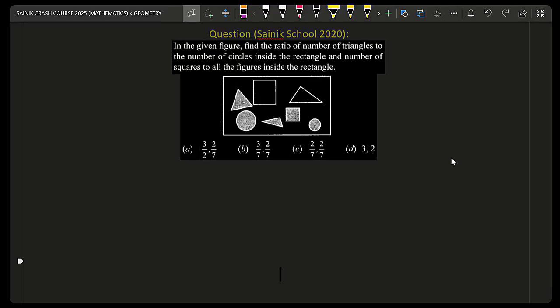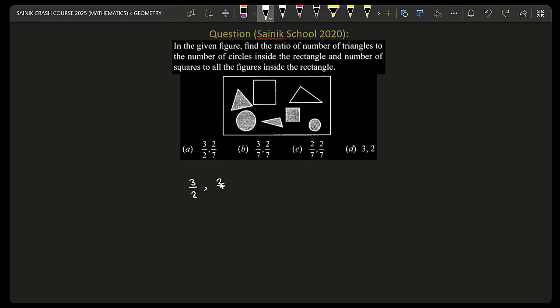Okay, first they're asking the ratio of the number of triangles and the number of circles. How many triangles are there? Sir, three triangles are there. And how many circles are there? Sir, two circles are there. Okay, next ratio is the number of squares. How many squares are there? Sir, two squares. To all the figures, how many figures are there?